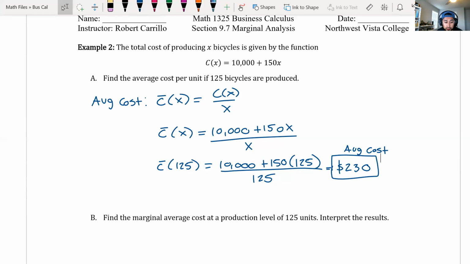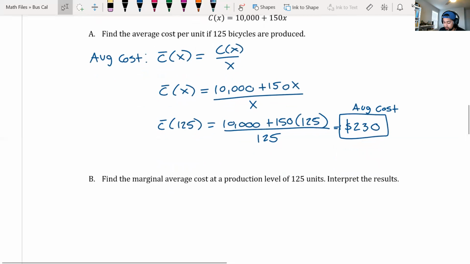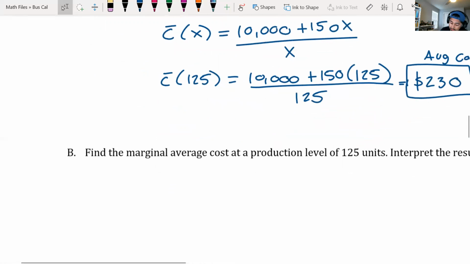Okay. So B says find the marginal average cost at a production level of 125 units. So now we're looking for the marginal average cost, which means we need to take the derivative of the average cost function. So let's go ahead and rewrite our average cost function.